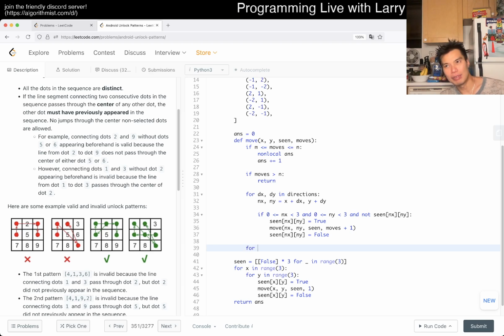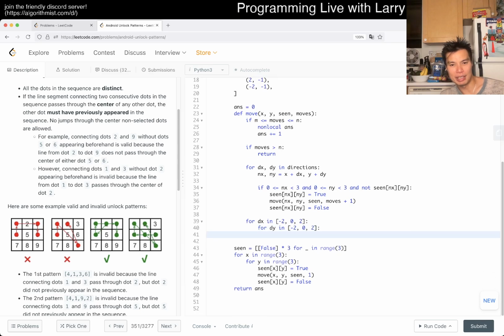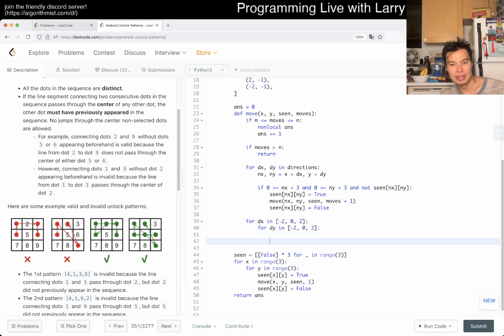So then now we have for dx in, this is a very awkward thing, I guess. Maybe this is why, I mean, it's not that hard, but yeah, something like this. But there is a special thing, right? So then now, if dx is equal to 0 and dy is equal to 0, we continue because then we don't move.